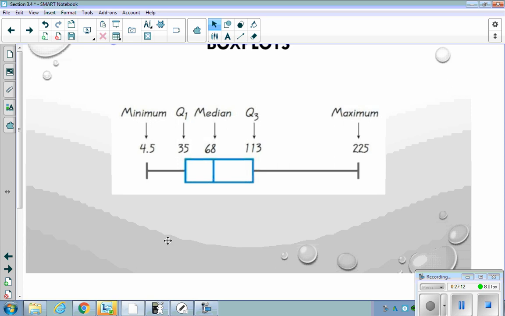Also, what we can tell from a box plot is whether something is normally distributed. What's your gut say about that one? It's not. What way is it skewed? Where's my long tail going to be? To the right. So it's skewed to the right, because my long tail is here to the right.